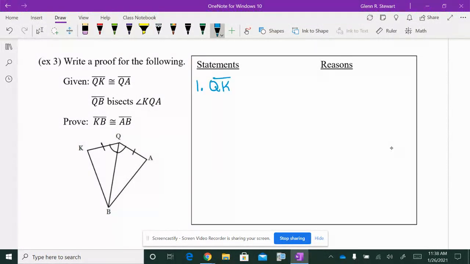QK congruent to QA, given. QB bisects angle KQA, also given.